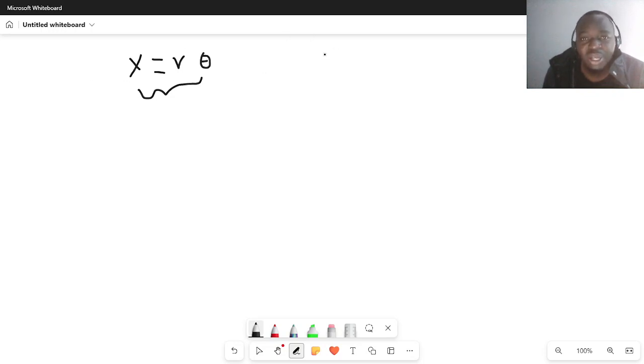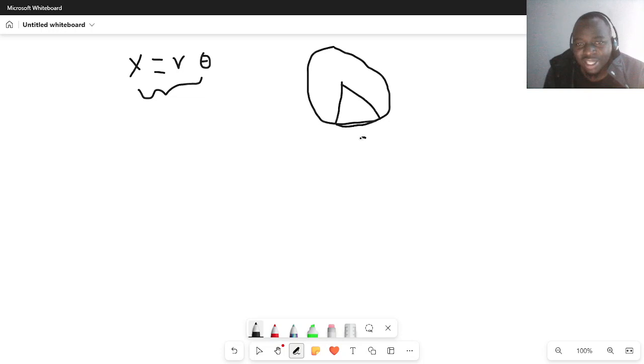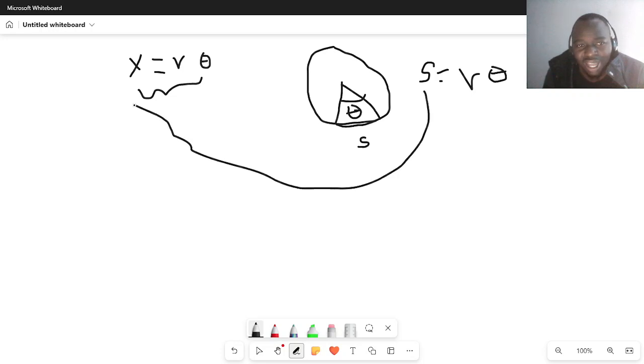If you remember in mathematics 1, you have a certain displacement, you call it s, and this angle was theta. We call it arc of a circle. If you want to solve the displacement s, it is simply r theta. So this s here is simply standing for x here.